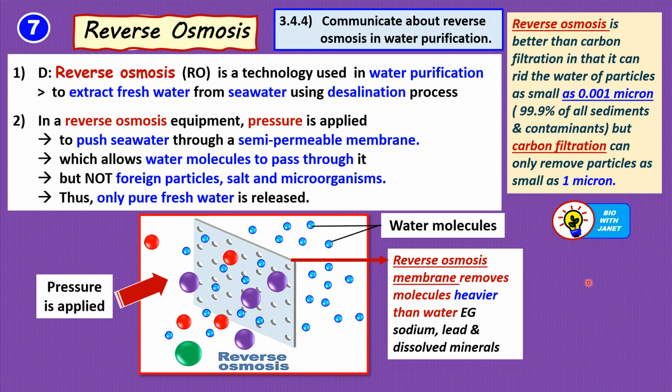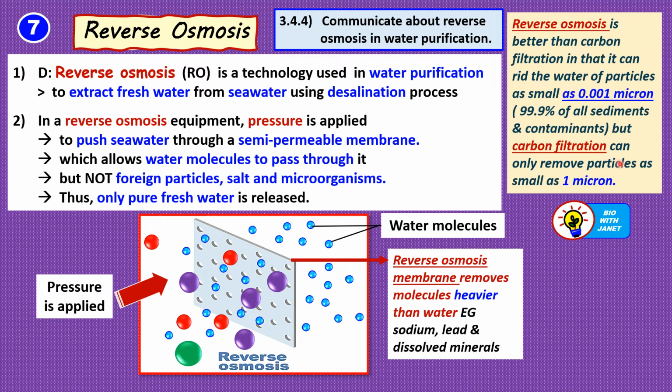Okay, so reverse osmosis is better than carbon filtration in that it can rid the water of particles as small as 0.001 micron. And this will remove about 99.9% of all the sediments and contaminants in the water, whether it's seawater or other types of water.